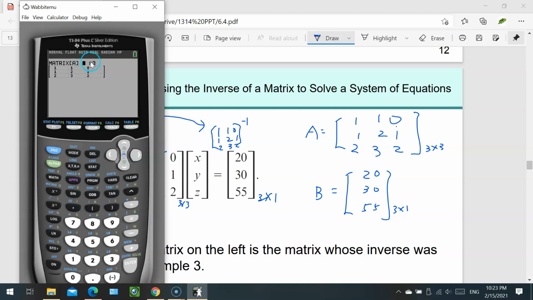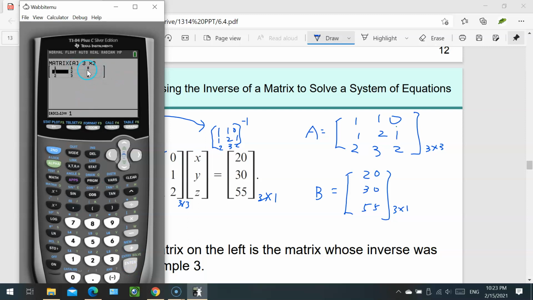Now you need to input the size of the matrix you have. Matrix A, I have 3 by 3, so I input a 3. You click on 3, hit the enter key, click on 3, enter one more time. Now, in the box here, you have to fill in the elements of your matrix A. So I have the 1, 1, 0, so you click on 1, enter, 1, enter, 0, enter.